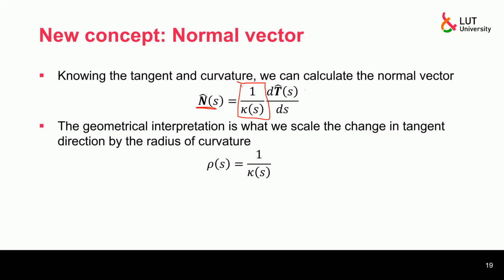So this rho is the radius. This P-looking letter is one of the Greek R's. So this tells what the radius is. So if we have a constant curvature like that, then this will be on a circle of radius rho.